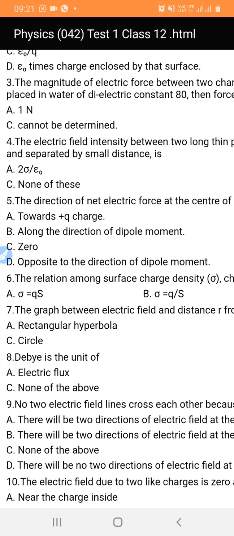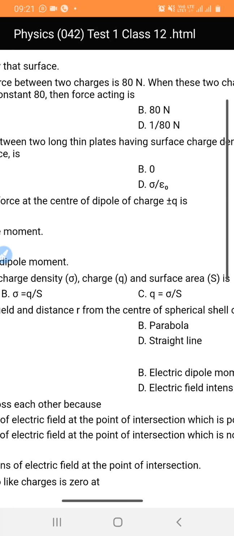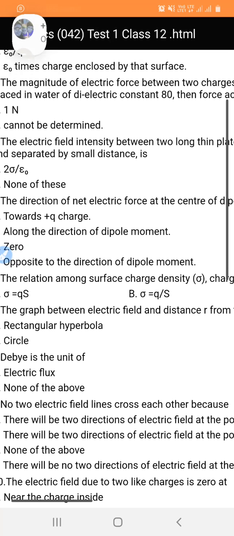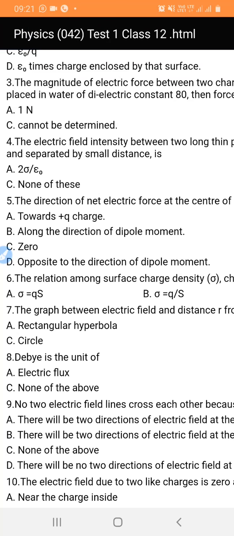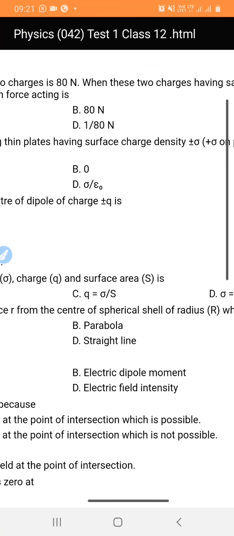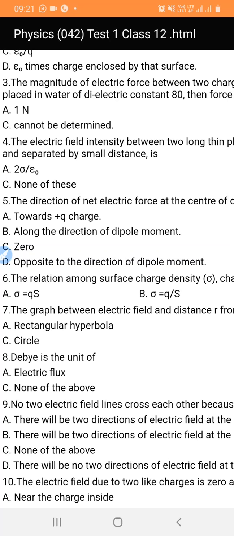Now for question 5, the direction of net electric force at the center of a dipole of charge plus minus q is: A, towards plus q charge; B, along the direction of dipole moment; C, 0; D, opposite to the direction of dipole moment.